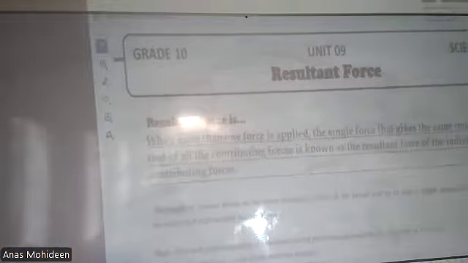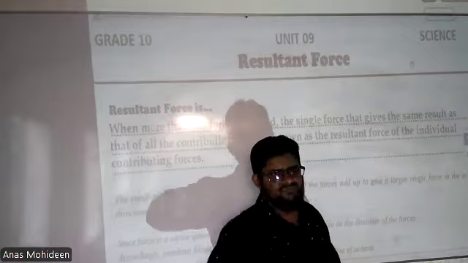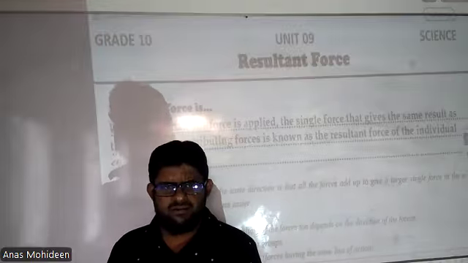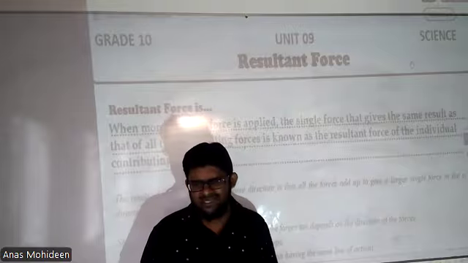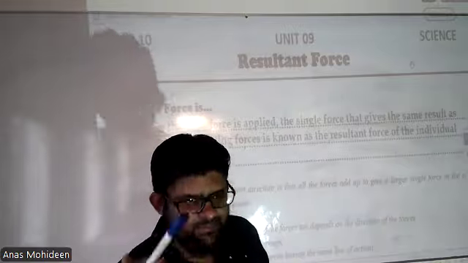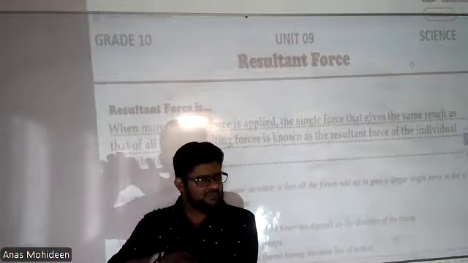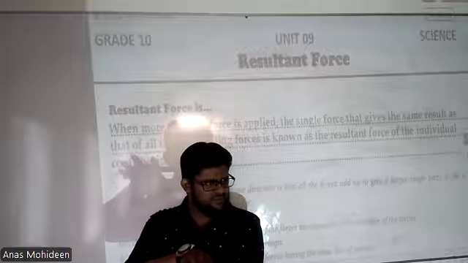What is this resultant? Now, when we do work, probably to move an object, we apply a force. Depending on the force we apply, it will move in a certain direction. Let's say I take this object and apply a force in one direction.